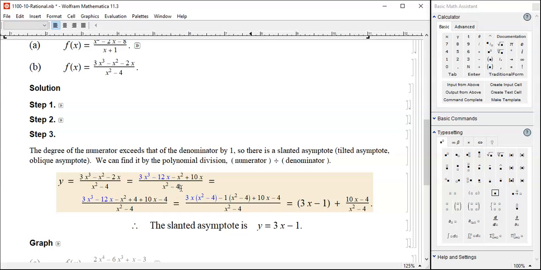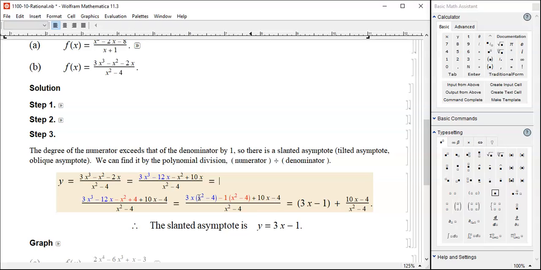And then negative x squared plus 4 here, so that's negative of x squared minus 4. Because I added 4 here, I have to subtract 4 there. And then that's it. We have just a first degree polynomial here, that's the remainder.